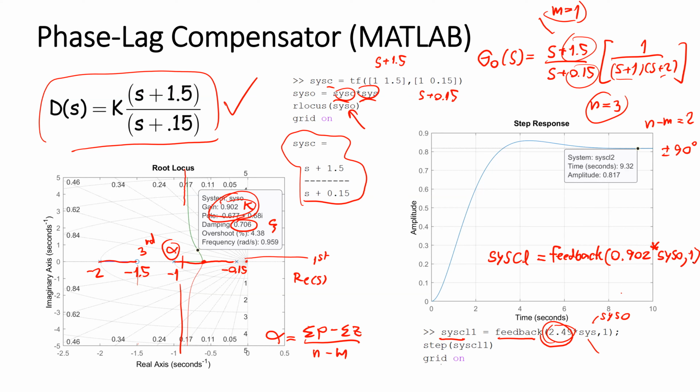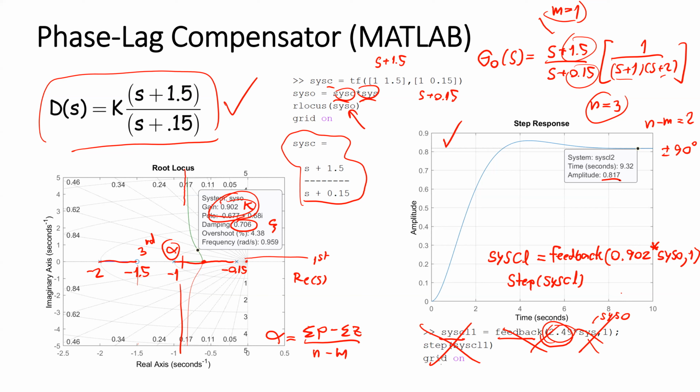You should use this CCL and then you plot the step of the CCL. The plot is correct, but the command here is wrong. And when we see the value, the magnitude here is 0.82.